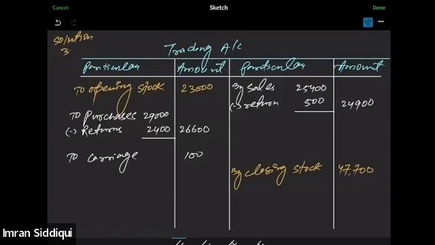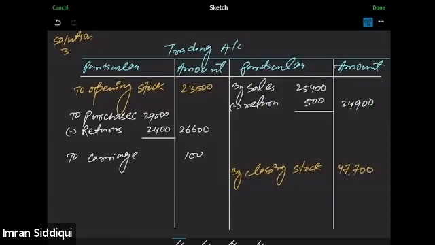Even though it is charged on assets, plant, machinery, it is an indirect expense that will be shown while preparing the profit and loss account on the debit side. So you have to keep this in mind that depreciation is not a trading account item. It is an indirect expense, and we will be recording that in the profit and loss account, not in the trading account.